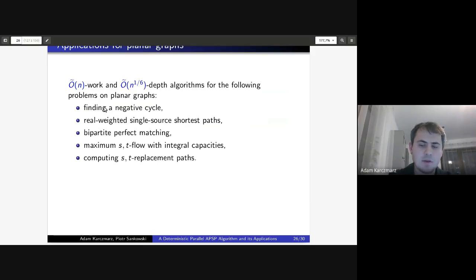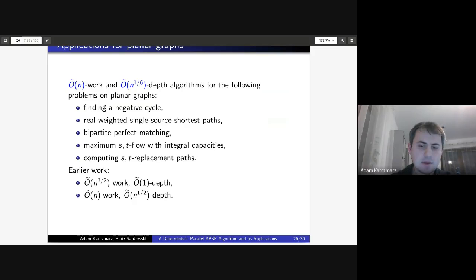For all of them, we get roughly n to the 1/6 depth. For all of these listed problems, nearly optimal sequential algorithms have been known for a long time. However, parallel algorithms for planar graphs do not seem to be a very popular research area.